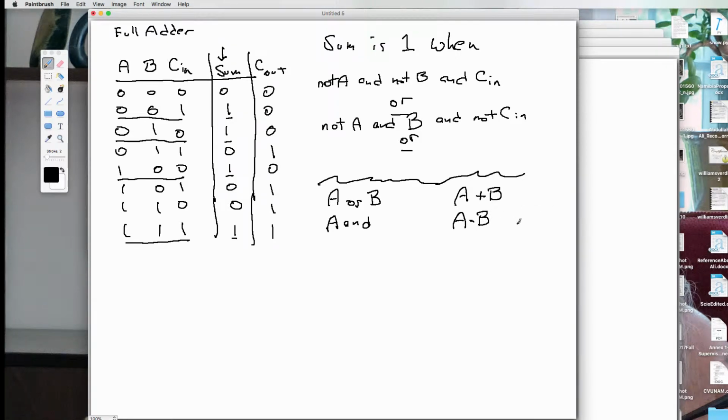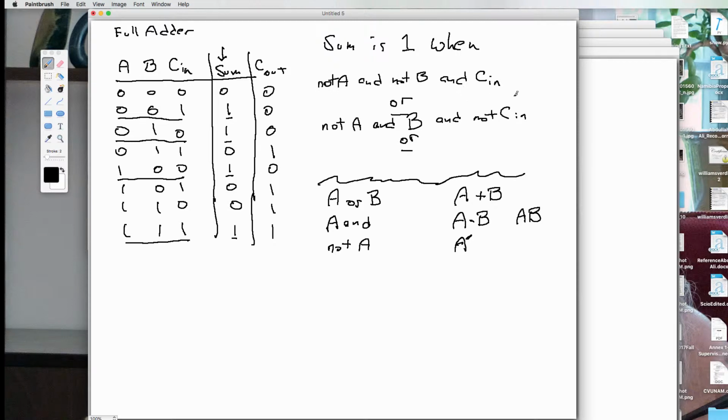Sometimes we actually forget, we don't even put the dot in there, it's implied. And the other thing that we do is when we want to say not A, we just write an A and a prime.